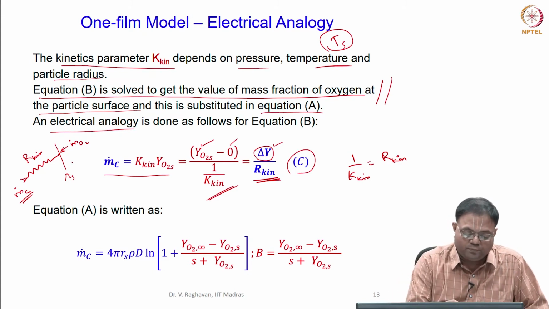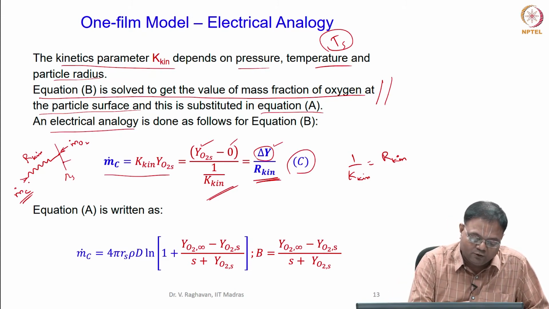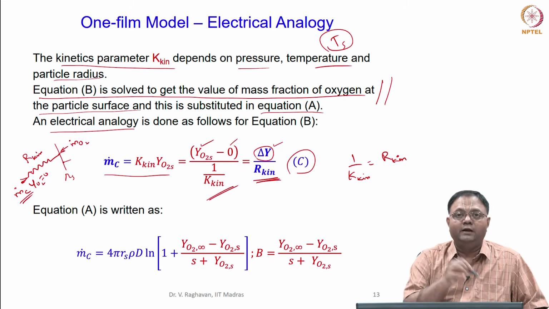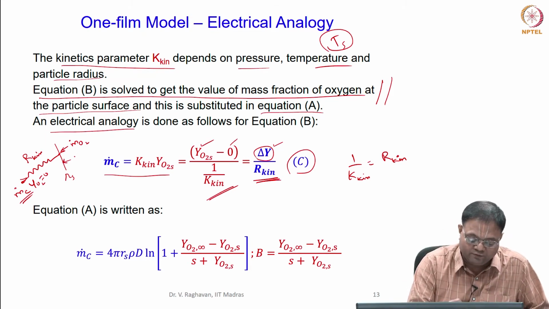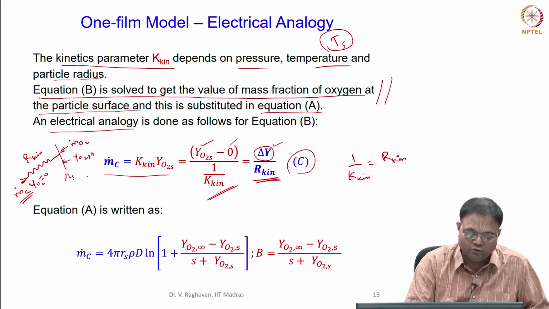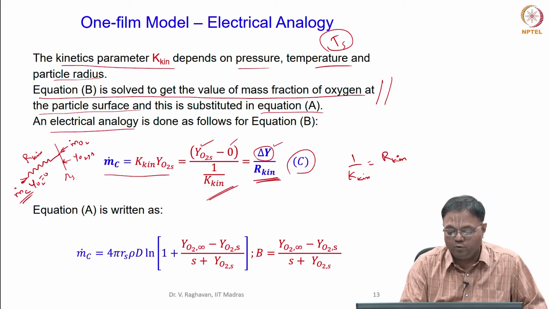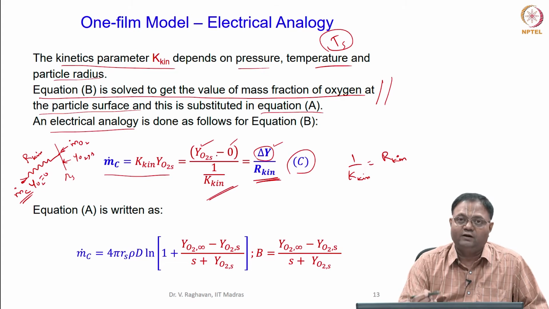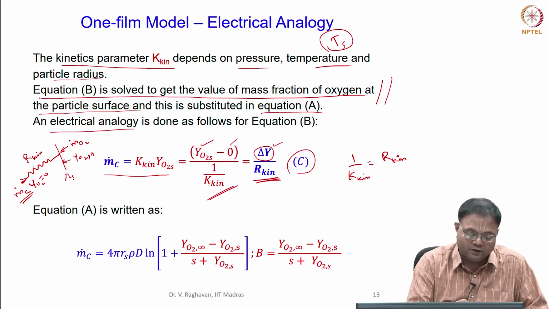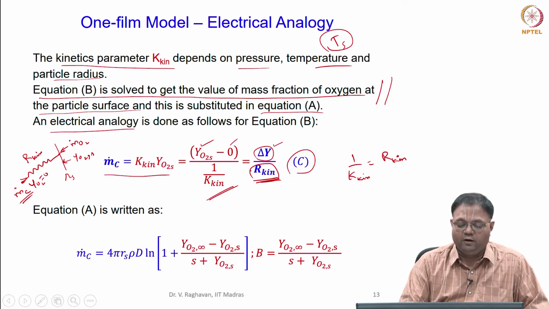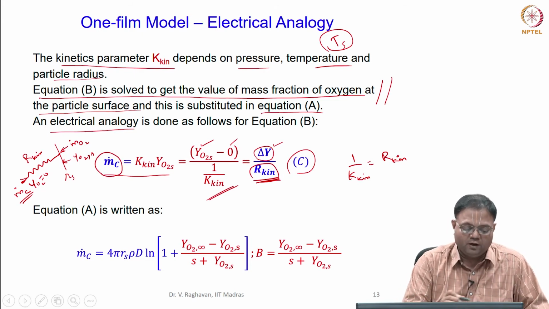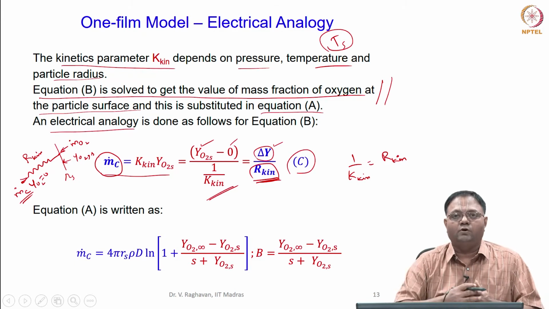Surely YO2 equals 0 in the interior of the carbon, but at the surface it is YO2S. So the difference between these two is YO2S minus 0. That is like a potential, the resistance offered is R kin, and the mass of carbon flowing out is like the current flow.